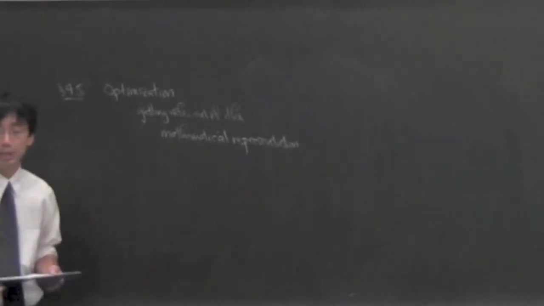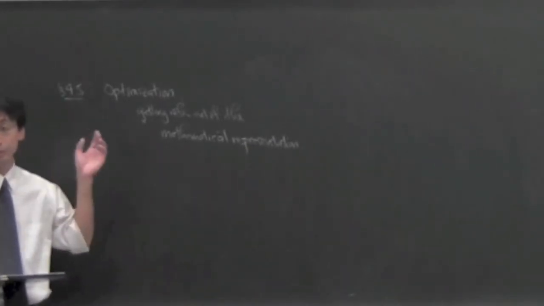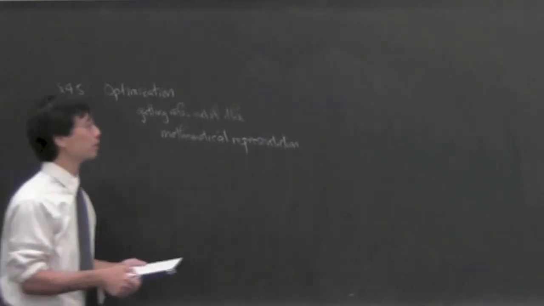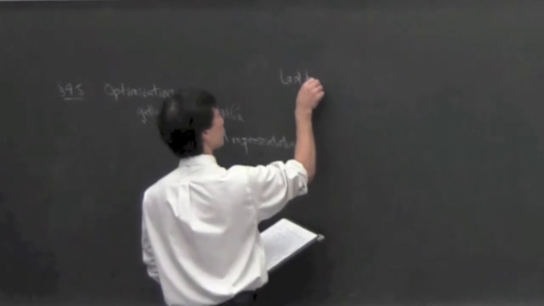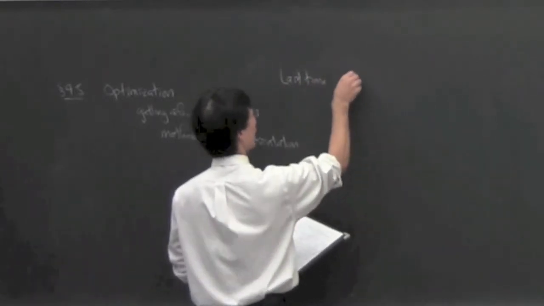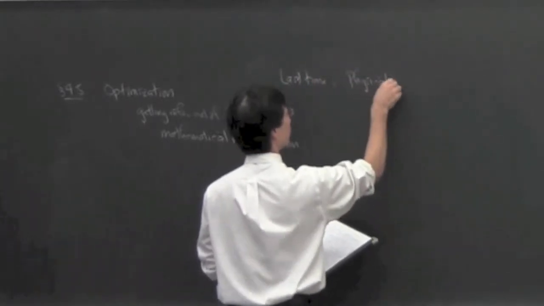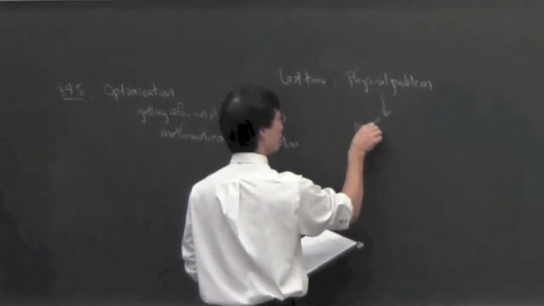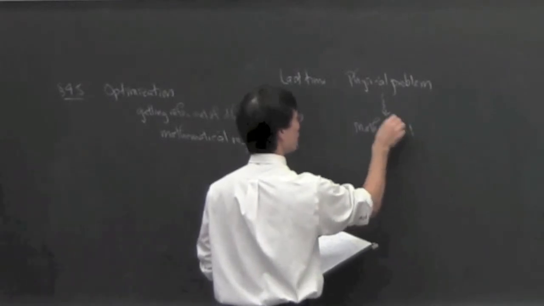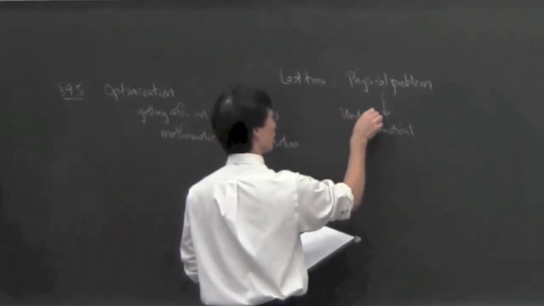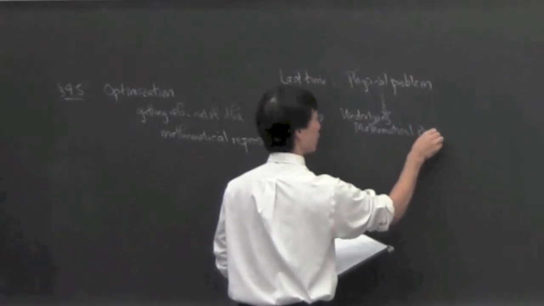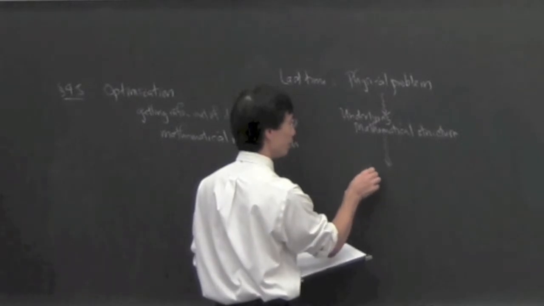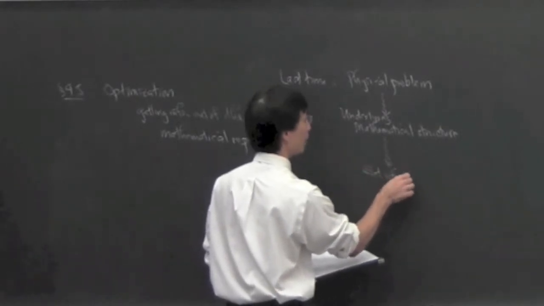Last time we had these problems, and we took the problems and changed them into mathematical terms. So last time you had some physical problem, and then you got out of it the underlying mathematical structure.